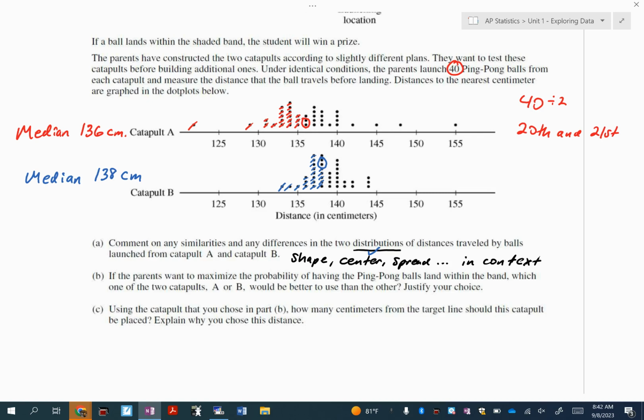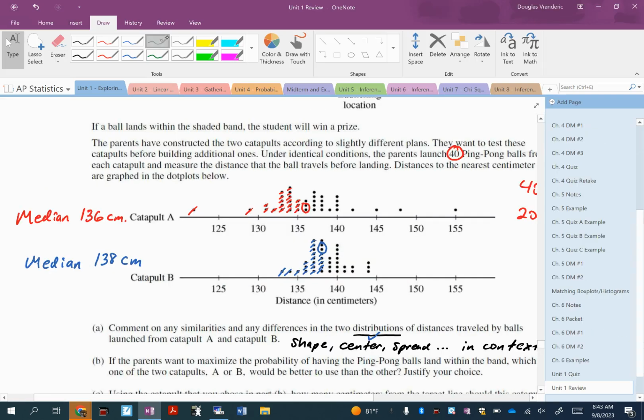Just the range, right? The highest minus lowest. Now, obviously, Jimena, there are some issues here. If I use the range for catapult A and those end up being outliers, that's why I would avoid using it. But in terms of just answering question A, is it okay to use the range? Yes, even if it's not the best statistical measure of spread to use, you can still use it to answer the question.